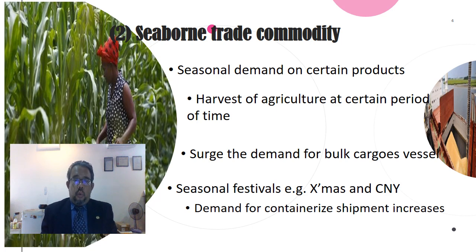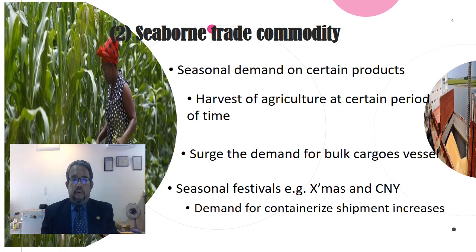So when the harvest of these commodities has built up in September of each year, these grains and agricultural commodities need to be transported to the buyers who purchase the products.